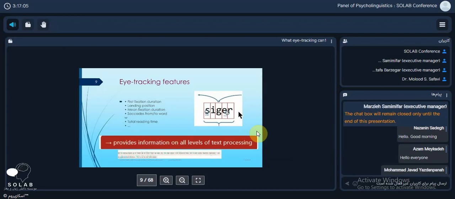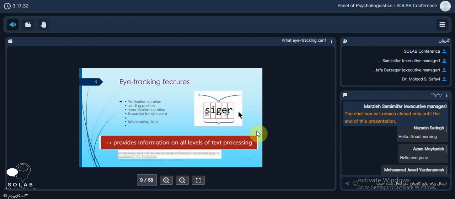We have many problems in Farsi because we don't have a main view about the design of studies for the Farsi language. The eye tracker separates these letters one by one and assesses the fixation.